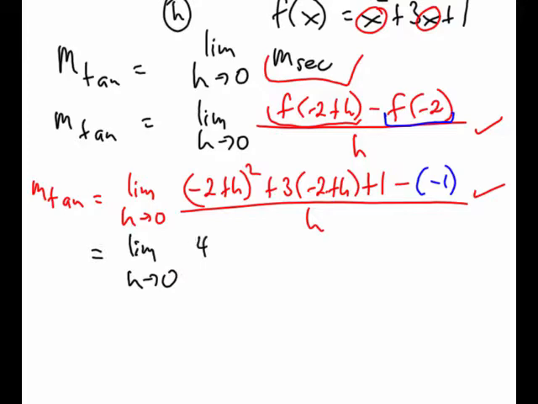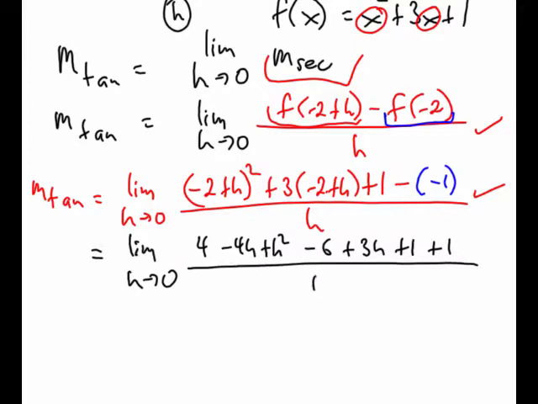Multiplying out on top, and I've got 4 minus 6 is -2 plus 2 is 0. All the constants are canceling out.